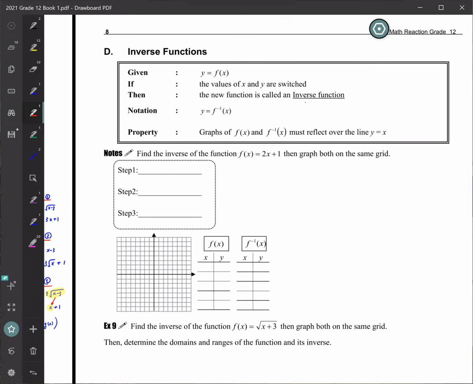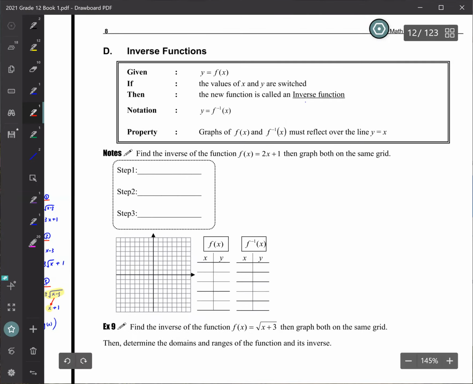Before, with composite function, you take two functions and put them together. But inverse function is dealing with just one function. Throughout the whole question, you only worry about one function and how to make it inverse.